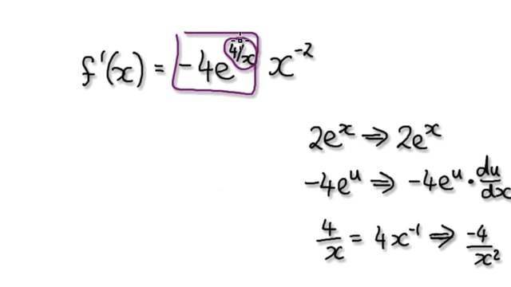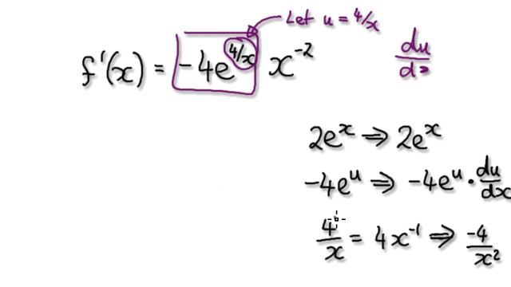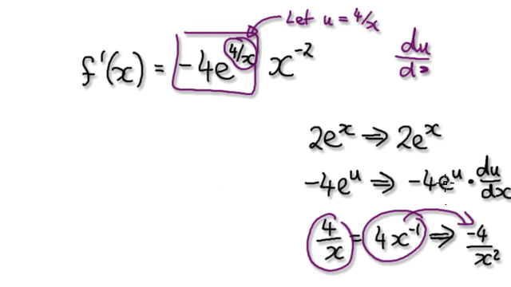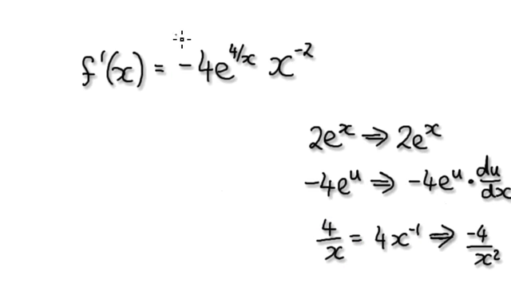So imagine this as being like a u here. So here let u equal 4 over x. Remember, when you come to work out du by dx, it's up to you, but when you differentiate this, it will give you this. Well, anyway, use whichever method you want.